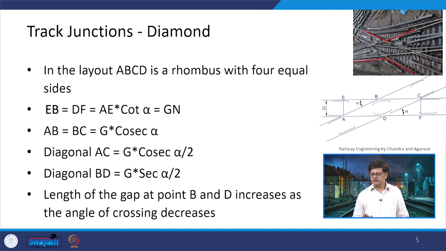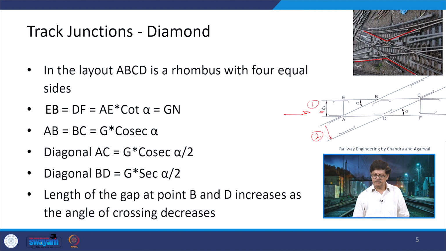If we look at this structure or arrangement, let us refer to the diagram given on the right hand side. This is track 1, this is track 2, they are crossing each other and that is where the diamond has been formed. We have gauge, that means the distance between the two parallel rails here.